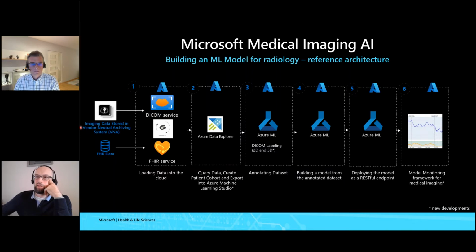And the architecture could look like this: your medical data, which might be not only images but also data from patient medical records, comes into the DICOM service and this FHIR service respectively, and is linked between the two using this service called DICOM Cast.